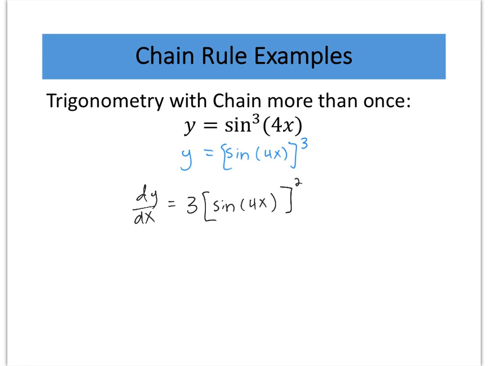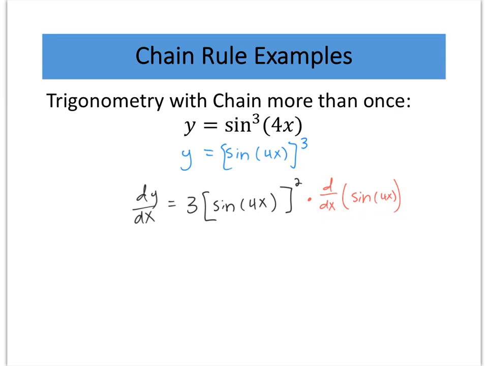So I've taken the derivative of the outside guy. But now I need to multiply it by the derivative of sine of 4x. Okay, I've done it all in one step, but that's easier said than done. I just showed you what I'm about to do. I haven't actually done it yet.